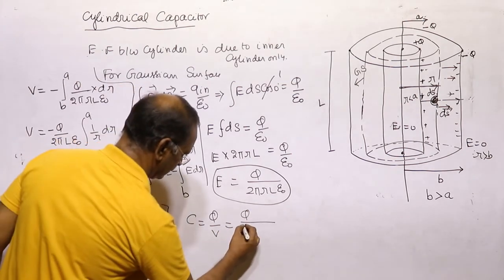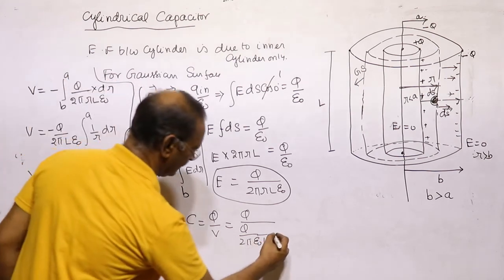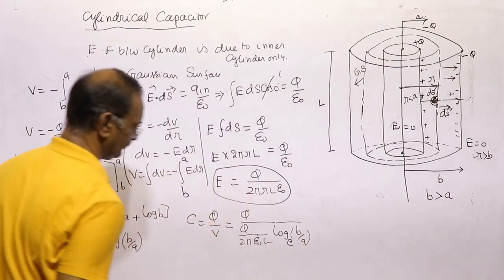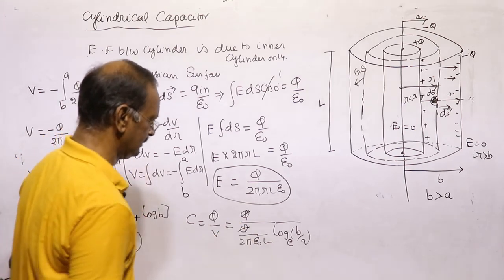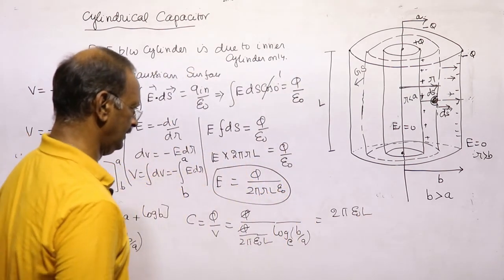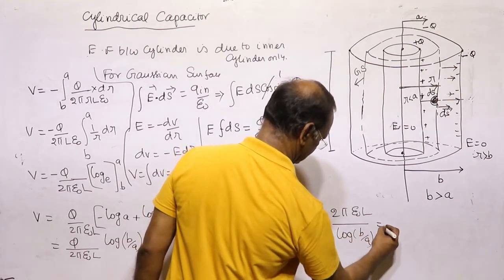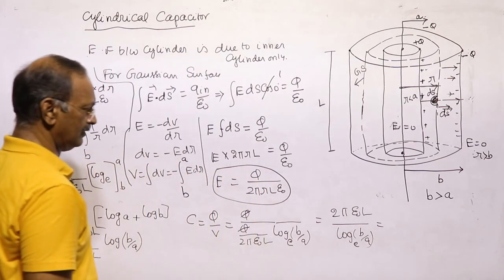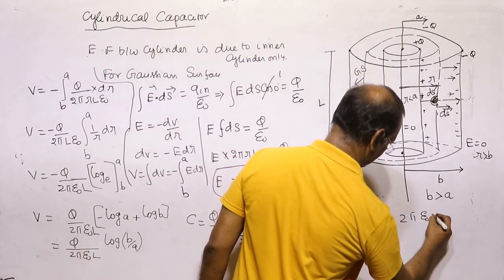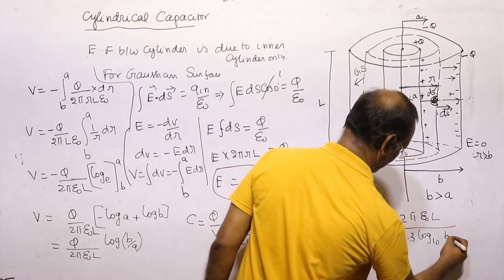V is equal to Q by 2 pi epsilon naught L into the natural log of B by A. So this Q and this Q get cancelled, and 2 pi epsilon naught L goes on the top, divided by the natural log of B by A. The natural log can be converted into log to the base 10, so it is equal to 2 pi epsilon naught L divided by 2.3 into log to the base 10 of B by A.